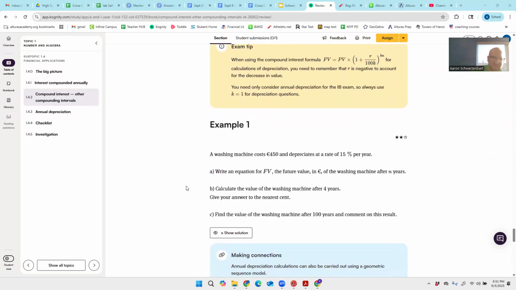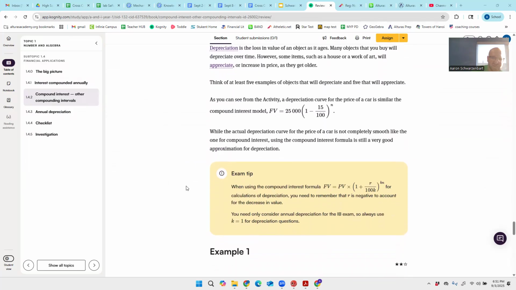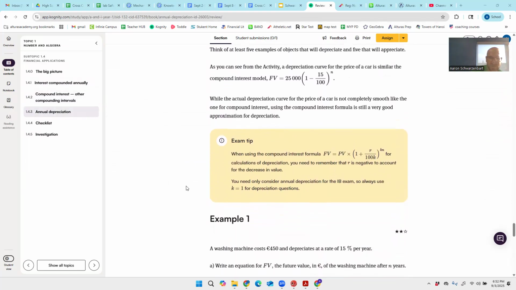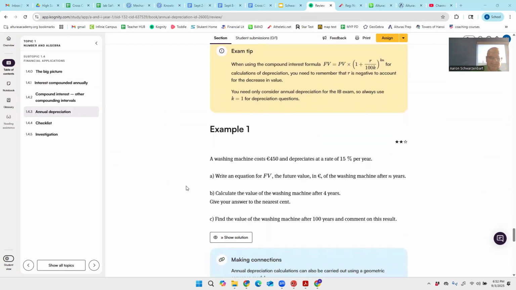Okay, annual depreciation. Depreciation means we're going down. Instead of adding, we're going up. We're subtracting. So a washing machine costs 450 euros, depreciates 15% each year. Write an equation for the future value of the washing machine. Okay, we're not talking crazy hard here.